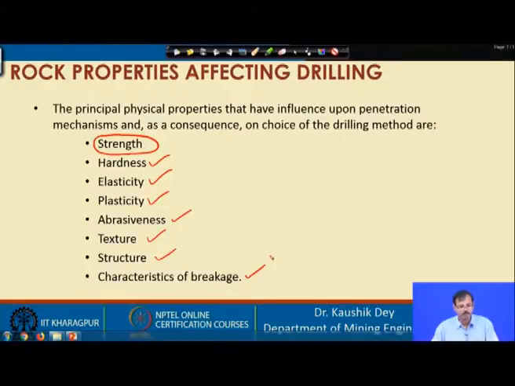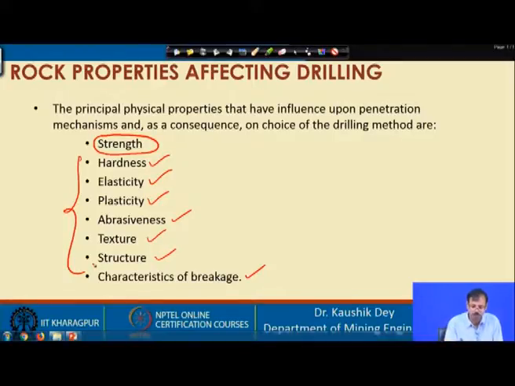Among these, obviously the major one is the strength, and the rest are more or less related to each other. Abrasiveness, hardness, texture and structure are interrelated, and they significantly influence not only the performance of the drill machines in that particular rock, but also the economics of the drilling.